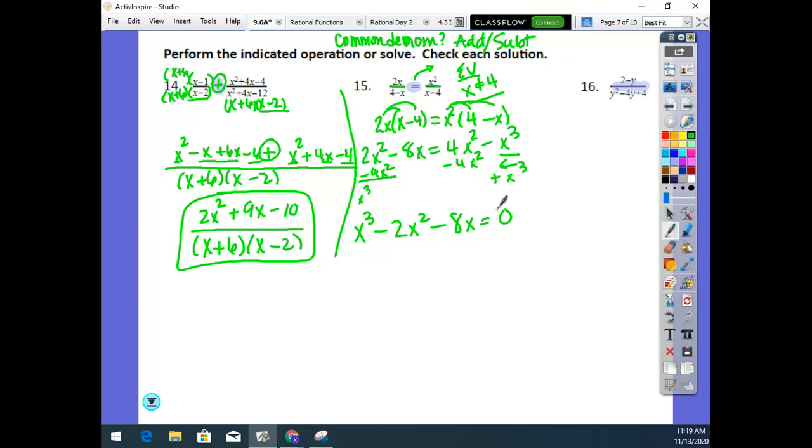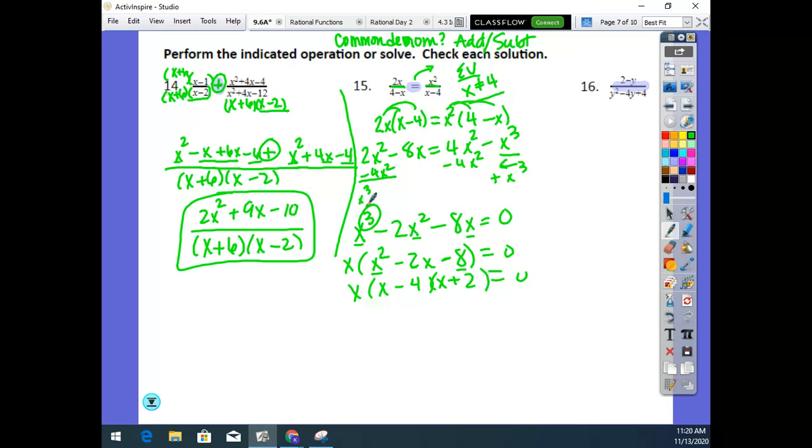First thing you look for, GCF. Factor out the x. Factor your x squared: x and x, factors of 8 that subtract to get 2, minus 4, plus 2.